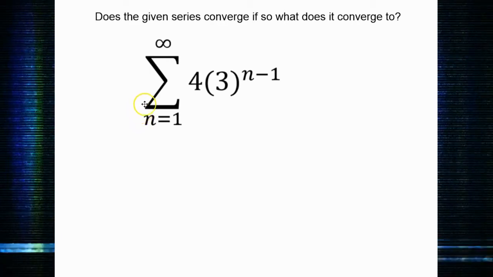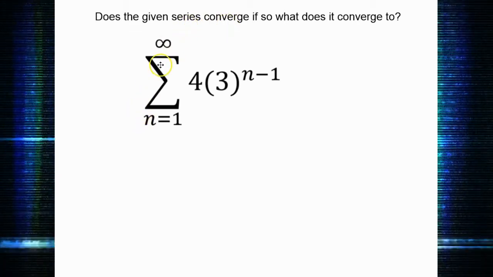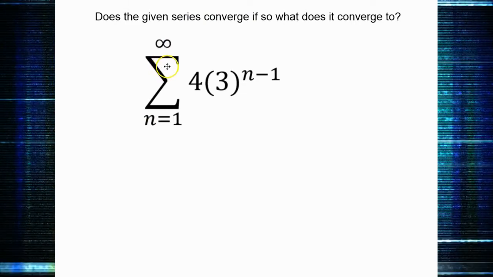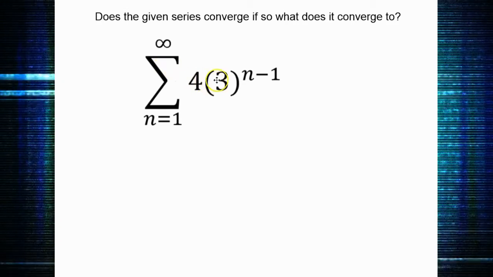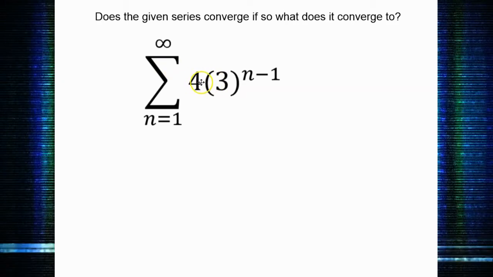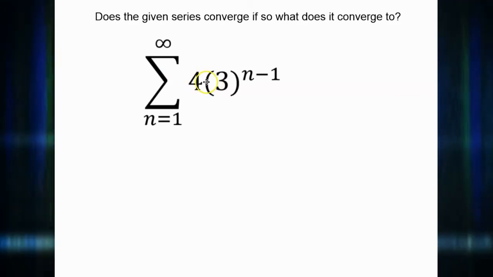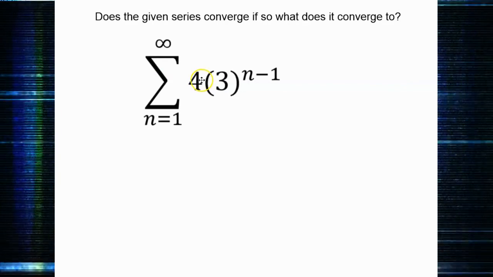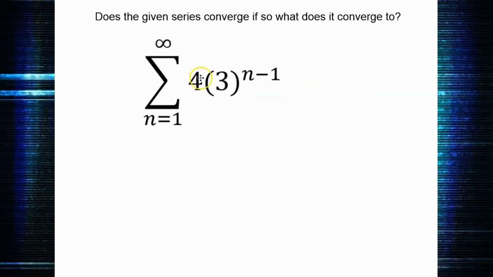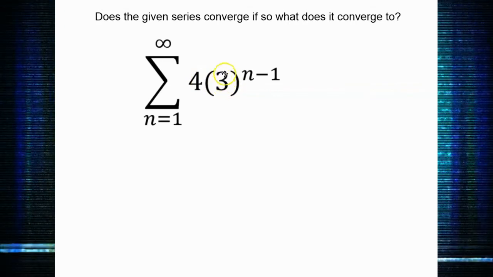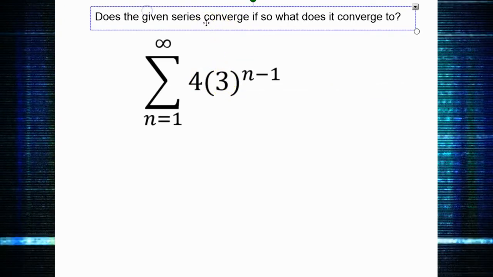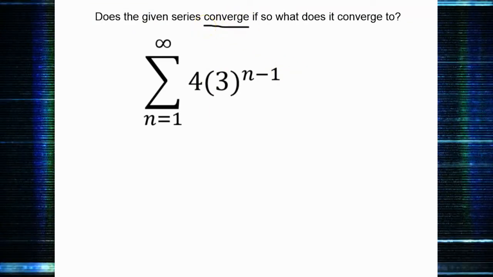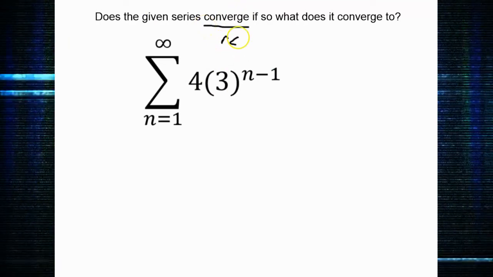Based on what we just said, will this series here converge? You can pause the video and try this yourself if you'd like. Okay, first of all, we'll notice that this is a geometric series because we have only multiplication between these two terms. There's no addition. Even though we have subtraction in the power, this is just multiplication. So look at the R value. The common ratio is 3. From what we said, a series is going to converge if the R value is less than 1.